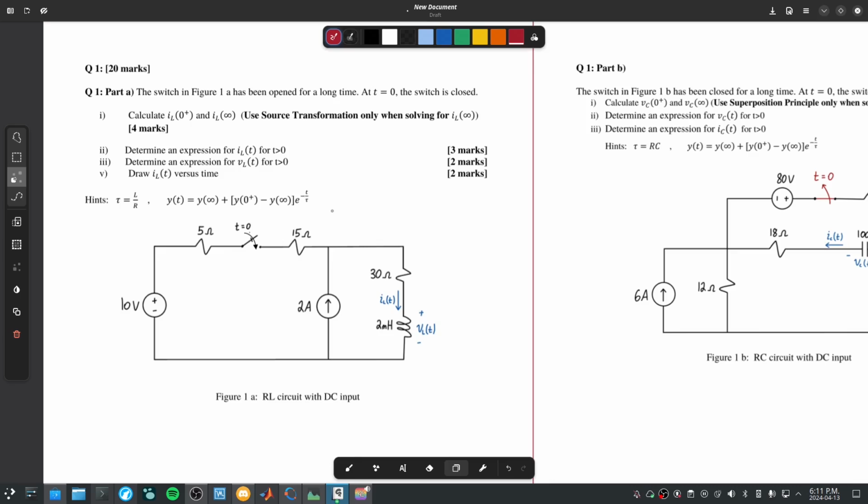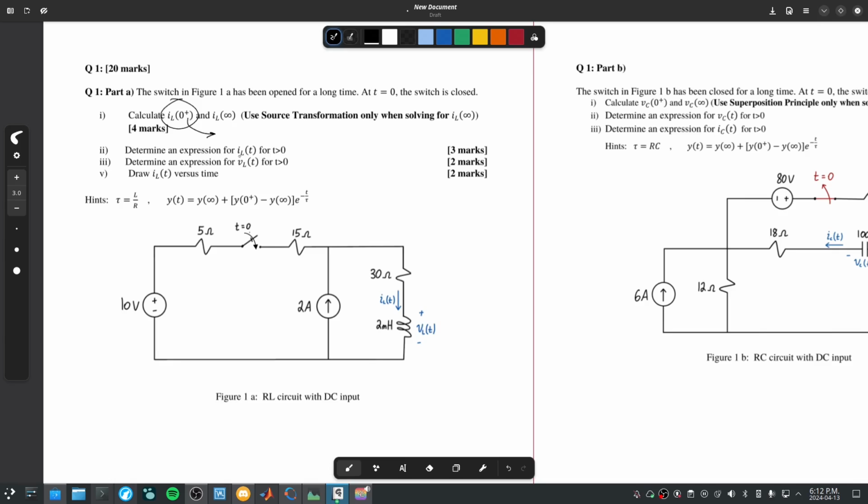Okay. So, question 1. The switch in figure 1 has been open for a long time. At t equals 0, the switch is closed. Calculate IL at time 0 plus and IL at time infinity. The 0 plus is basically asking for the limit as it goes to 0 from the positive side, because you can't actually do 0; the limit doesn't exist if you take both sides.